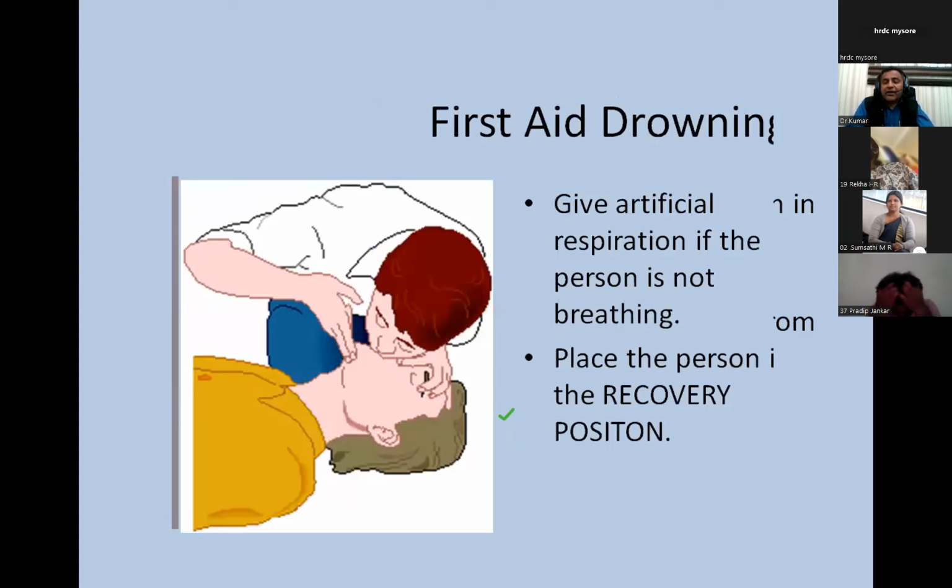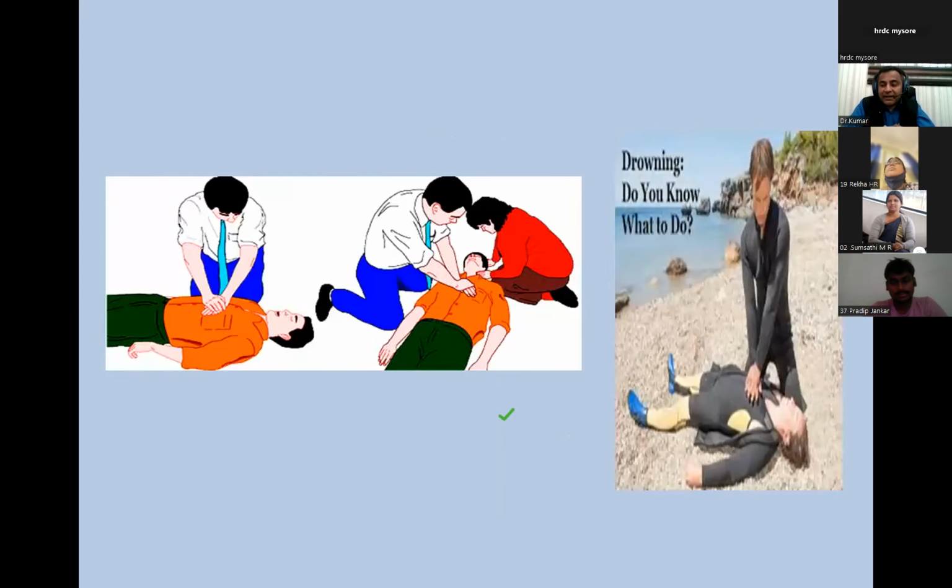After that, we give mouth to mouth breathing. For giving mouth to mouth breathing, you may use any barrier device also. There are many barrier devices available in the market which can be used for management of such emergencies. A barrier device is the best one, or you can use direct mouth to mouth breathing followed by external cardiac compressions.